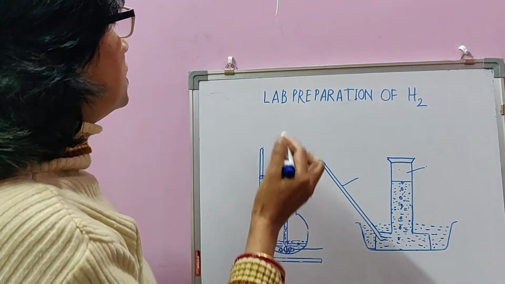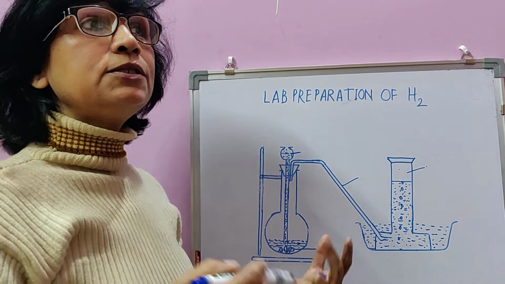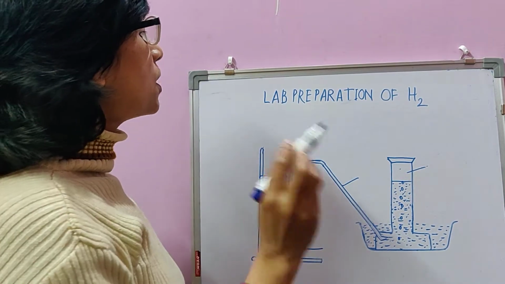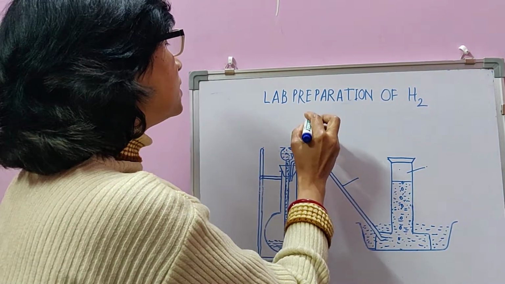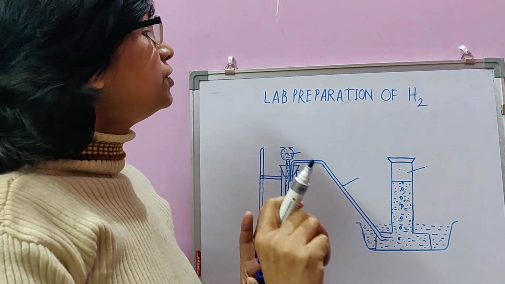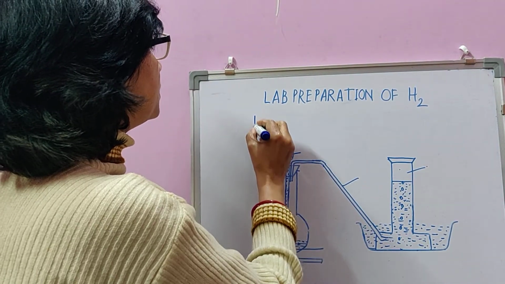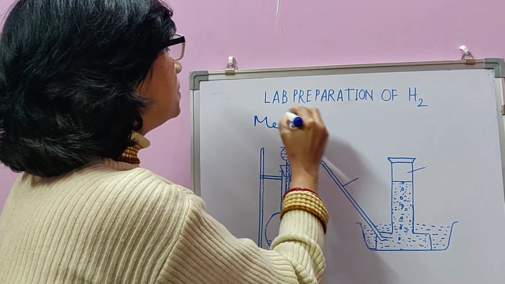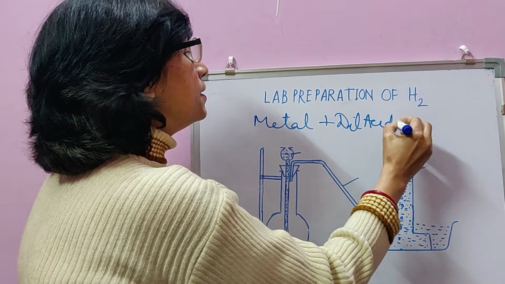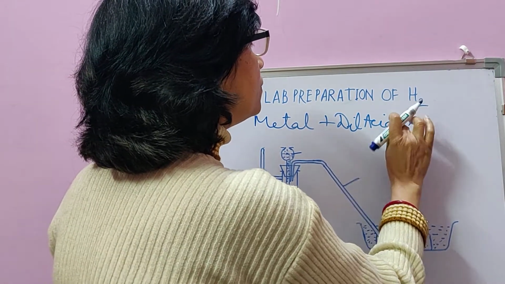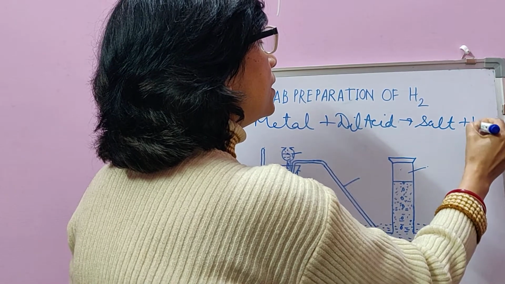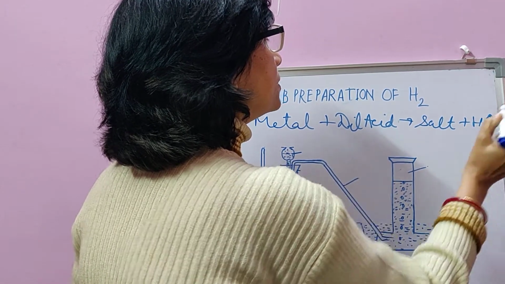So children, dilute acids means a strong acid. A weak acid's reaction will be very slow. And when we talk about strong acids, there are only three: hydrochloric acid, sulfuric acid and nitric acid. So the general reaction for this method of preparation is metal plus dilute acid results in formation of salt and hydrogen.